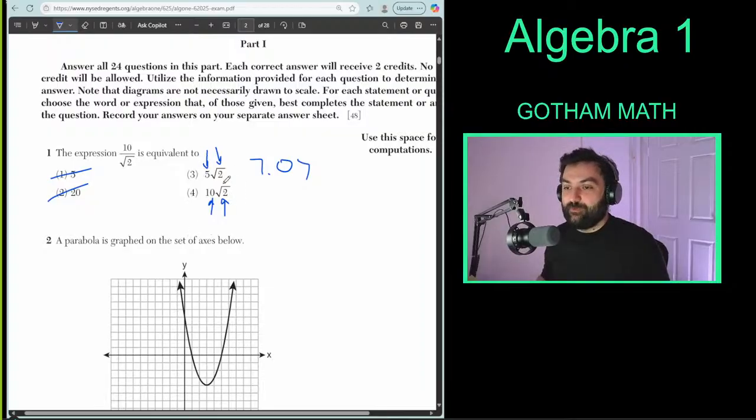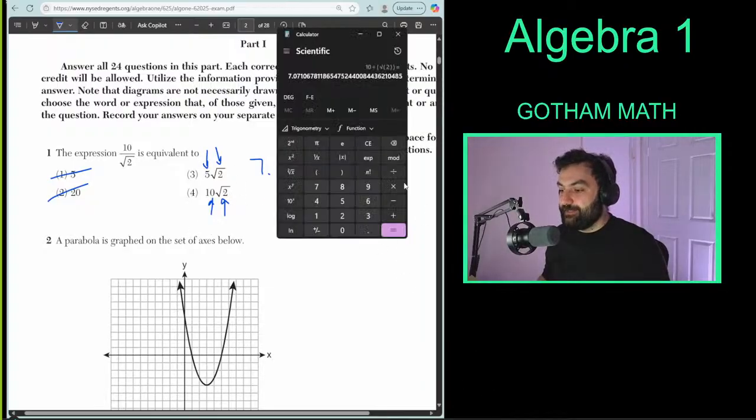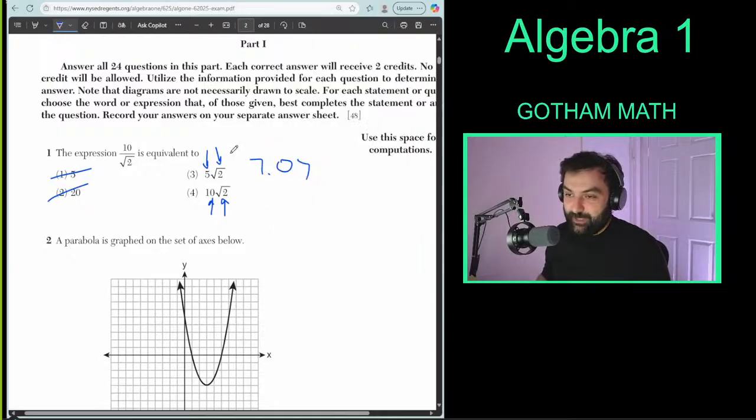It's not even a doubt. But I need to show you that I'm not making this up. So 5 times radical 2 will be 7.07.